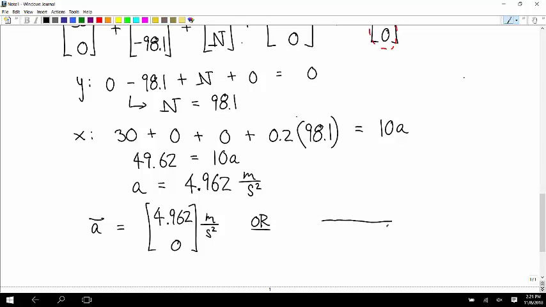So the acceleration is this way at 4.962 meters per second squared.